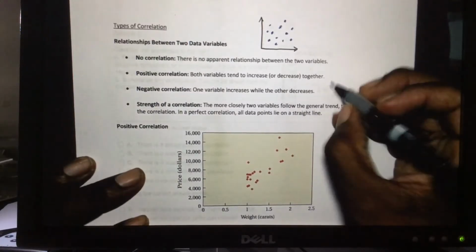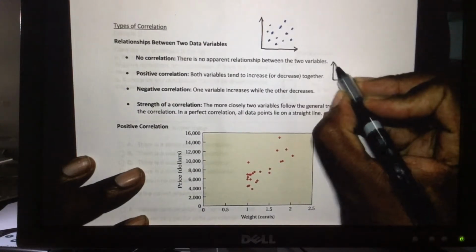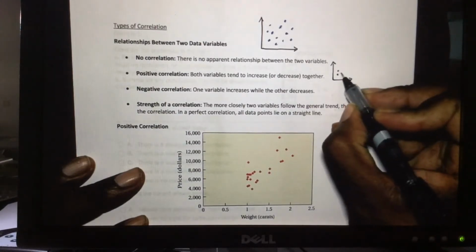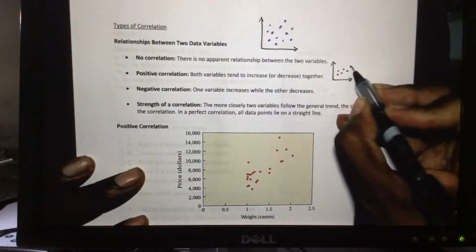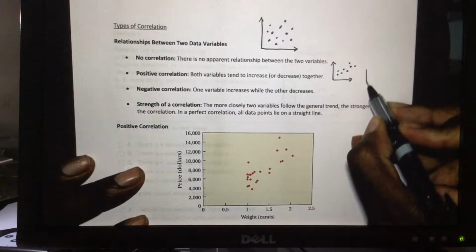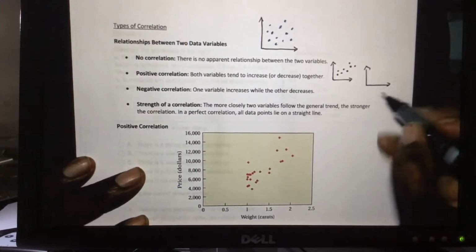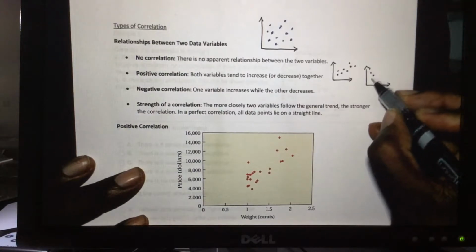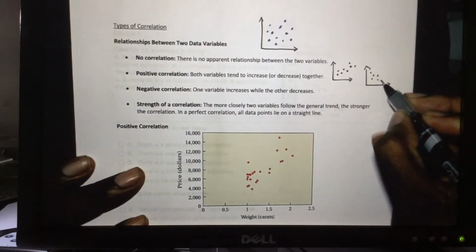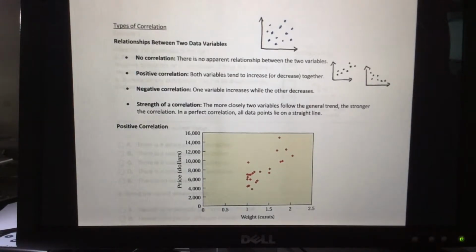I can illustrate that as well. A positive correlation would be where these points are going in the upward direction, like this. But for a negative correlation, as one variable increases, the values decrease.